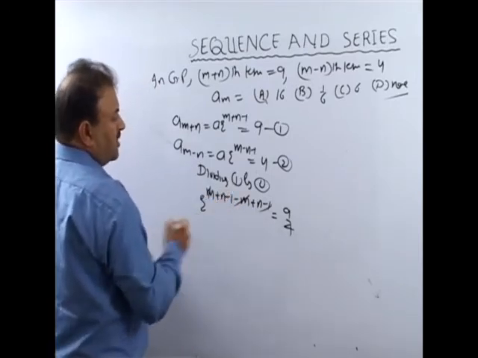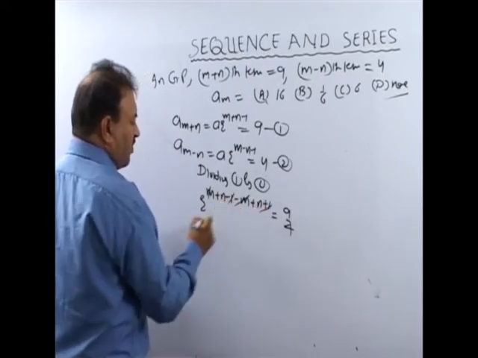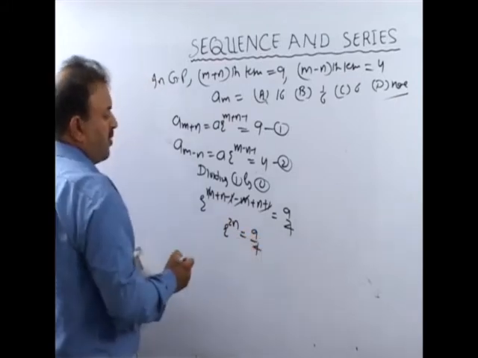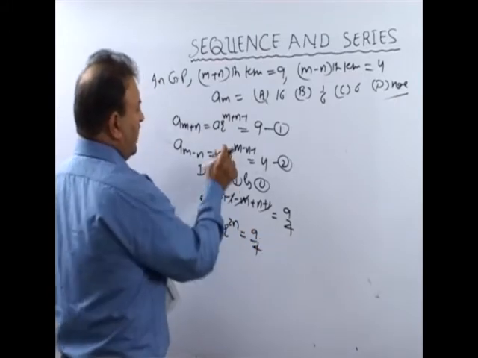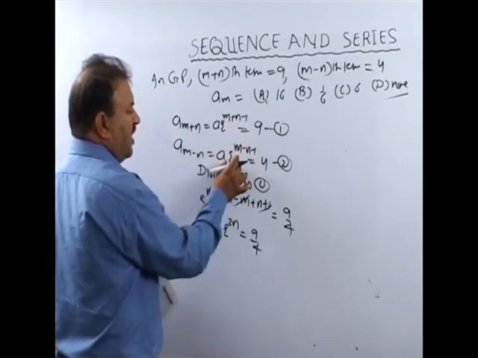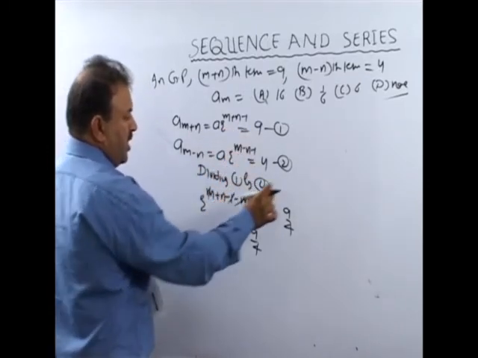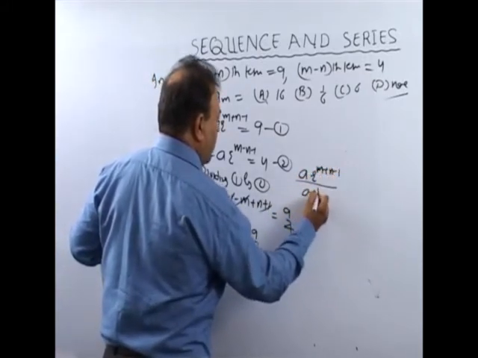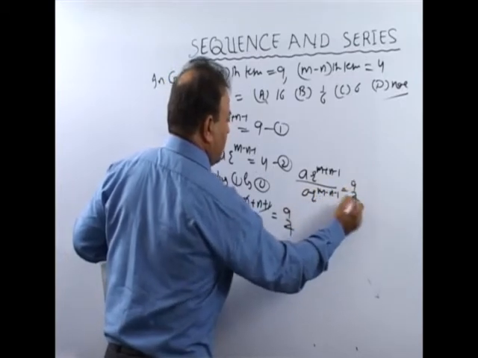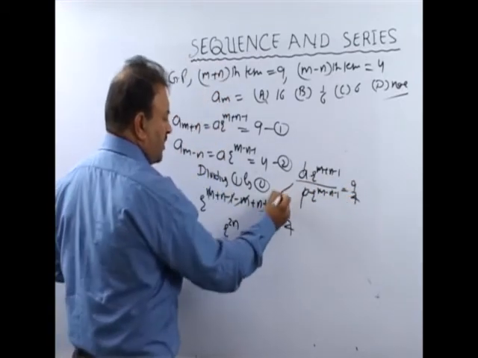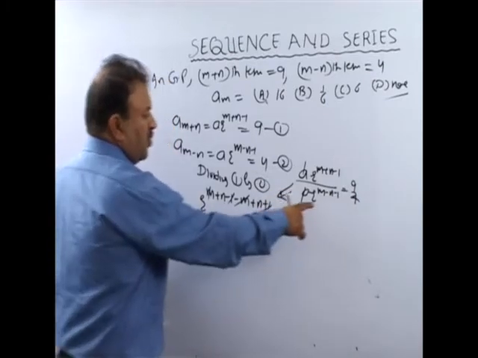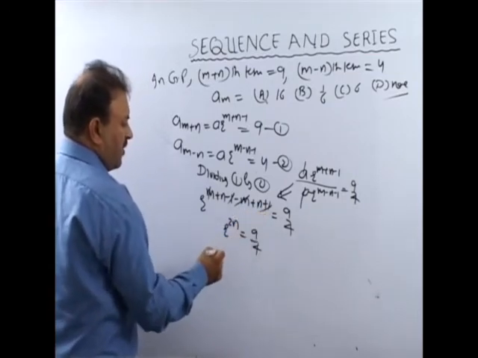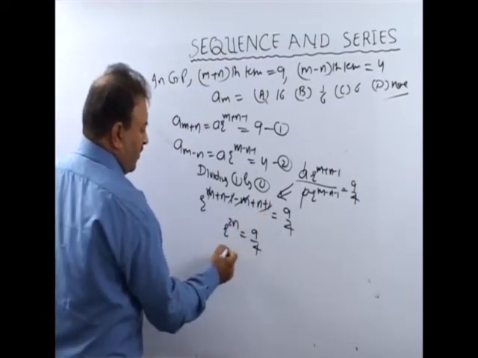See, r to the power m plus n, minus m plus n, and the 1 will be cancelled out. We are left with r to the power 2n is equal to 9 by 4. Once again, I took ar to the power m plus n minus 1 upon ar to the power m minus n minus 1, which is 9 by 4. a will cancel out, and we get r to the power m plus n minus 1 minus m plus n plus 1, so r to the power 2n is equal to 9 by 4.